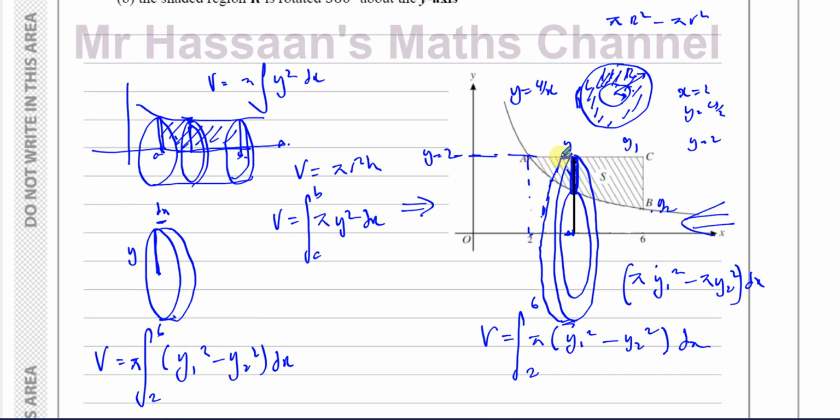So you take the higher function, square it, take away from it the lower function squared, and integrate that with respect to x between the limits given. Multiply everything by pi, and that will give you the volume of revolution of the shape that's formed when this area is revolved around the x-axis.